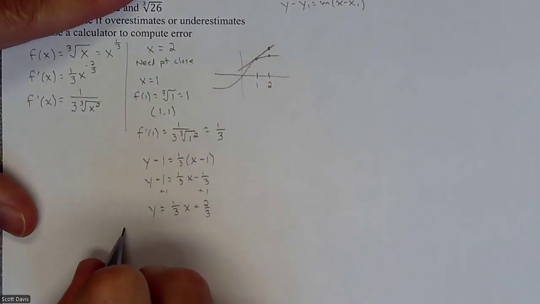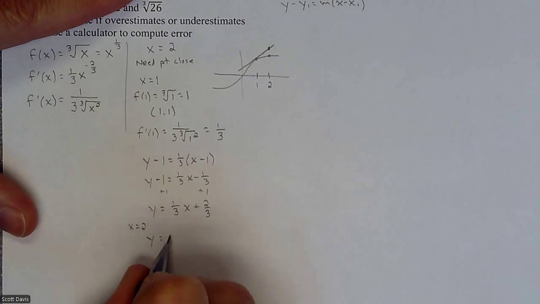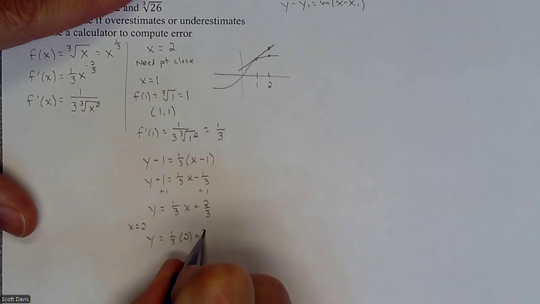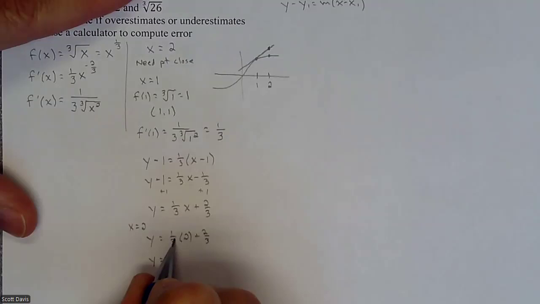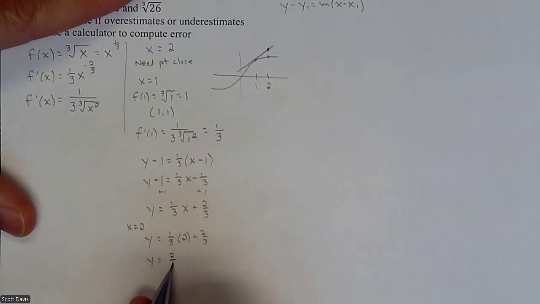So if I plug in x equals 2, we got y equals 1/3 times 2 plus 2/3. And so we're looking at y equals 2/3 plus 2/3. So our y value is 4/3, which is 1.333, on and on and on.